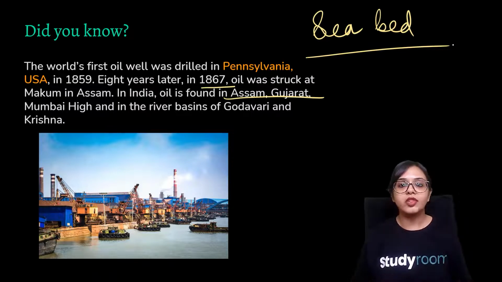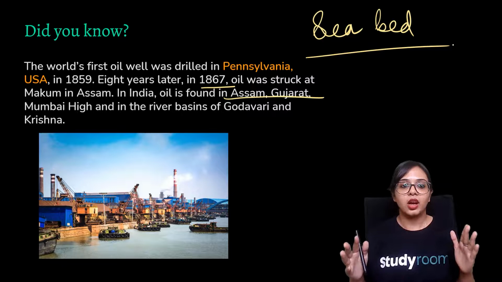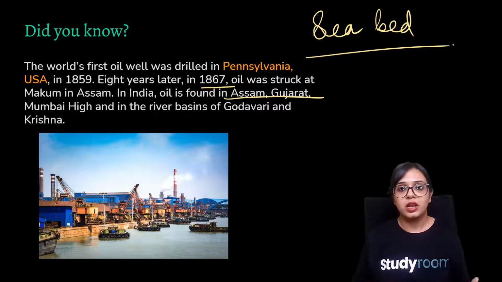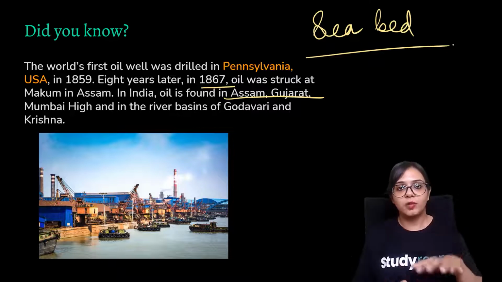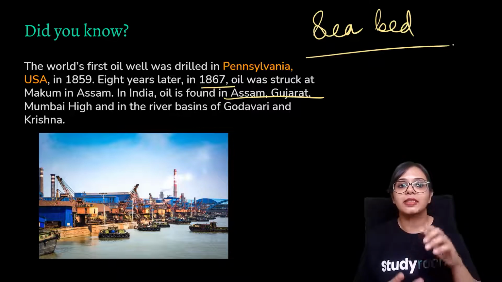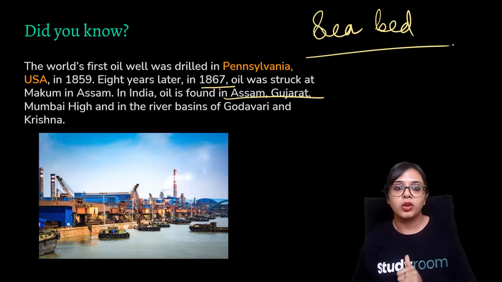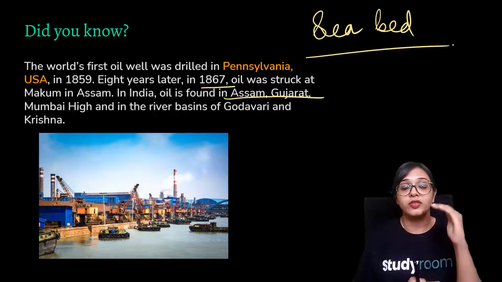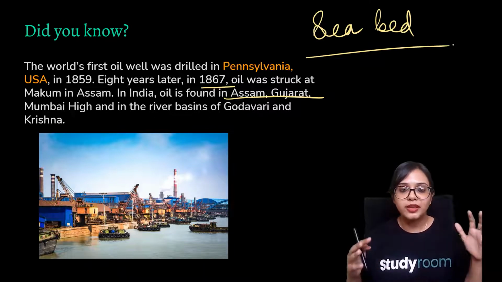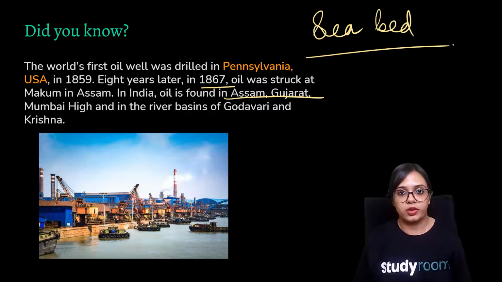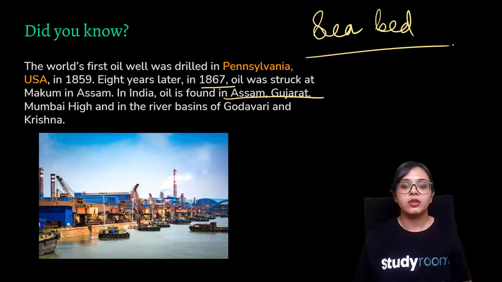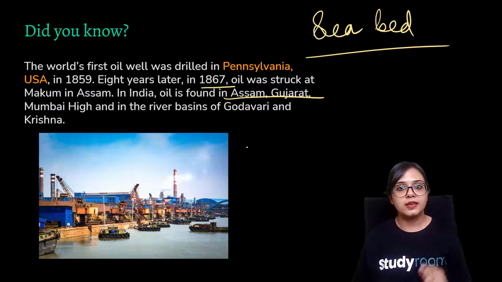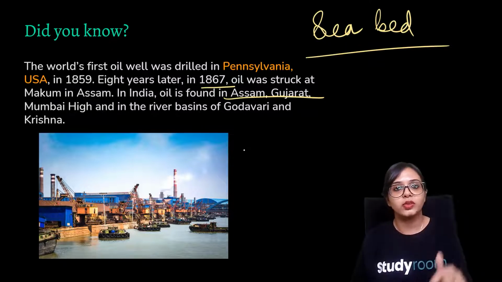And after millions of years, when it is profusely and maturely formed, it floats above the water, because it is lighter in density as compared to water. First the gas and then the oil, and it is extracted above this water layer near the coastal areas. So in India, it is found mainly in Assam, Gujarat, Mumbai High, and the river basins of Godavari and Krishna, that is towards the south.